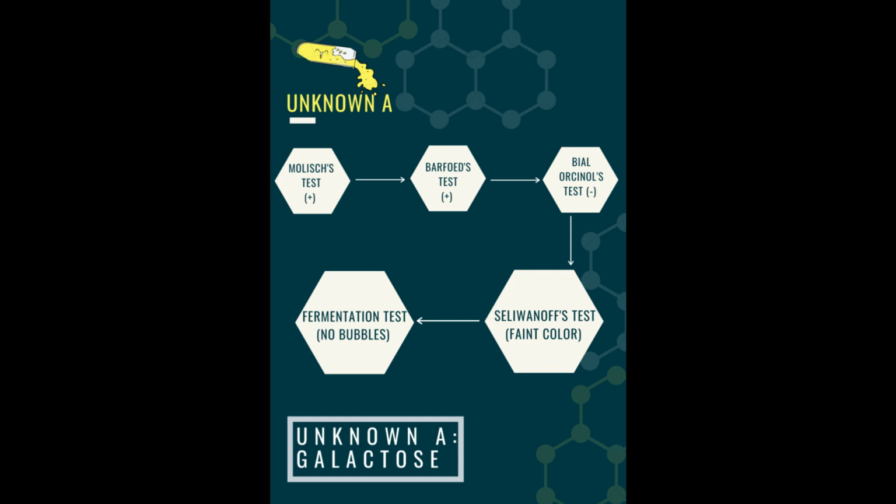Barfoed's test yields a positive result. Bial-Orcinol's test yields a negative result. Seliwanoff's test has a faint color, so fermentation was further performed and there were no bubbles. Hence, the sugar is known to be galactose.